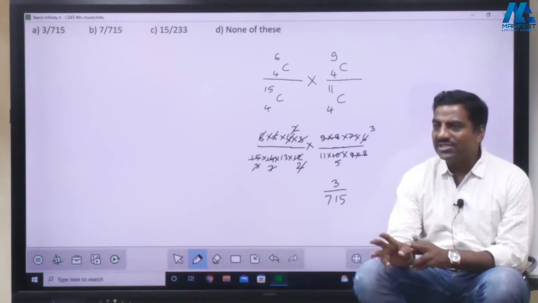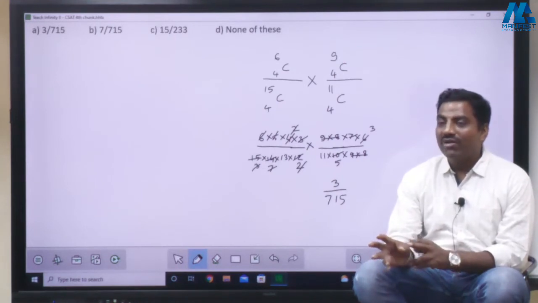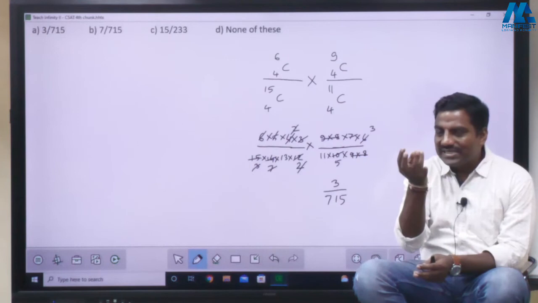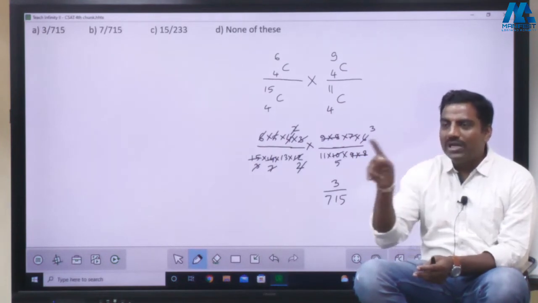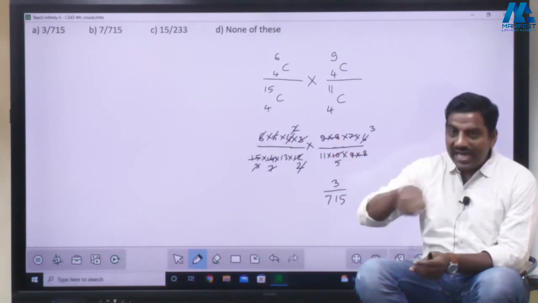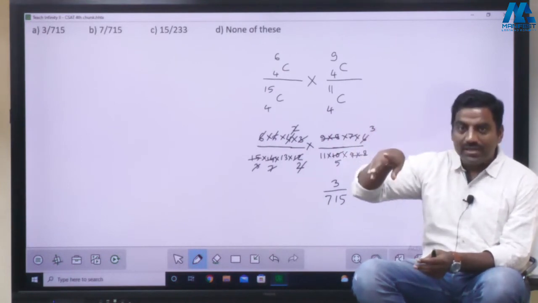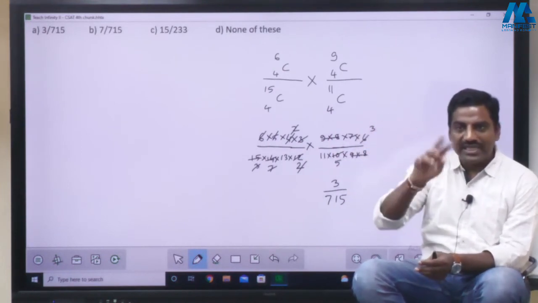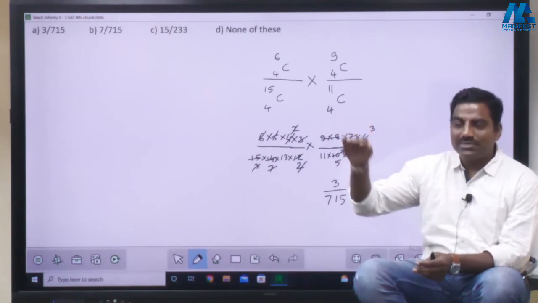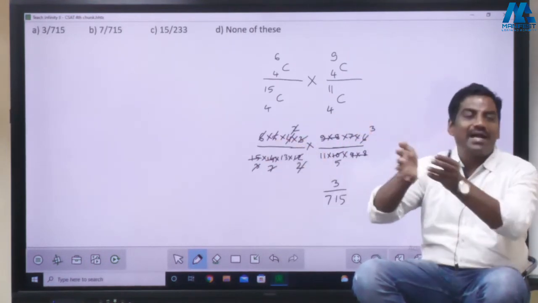For dependent events, when only a small part of the task is done, you have to multiply. When the entire event is done and another entire event is going to be done, those are different cases. Case 1 and case 2 or sometimes case 3. Then you have to add all of them.